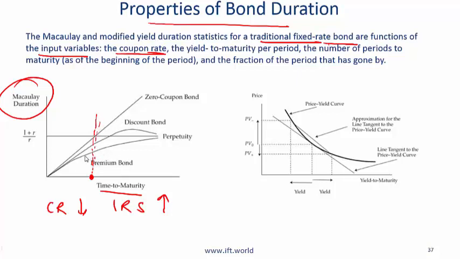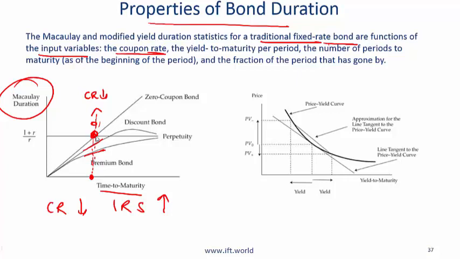Then this bond is a premium bond. Actually, for all these bonds, this is a premium bond, this is a discount bond, this is a zero coupon bond. Notice that as you move up, what's happening to the coupon rate? As you move up, the coupon rate is coming down, right? So the lowest coupon is with the zero coupon bond. So doesn't that have the highest?